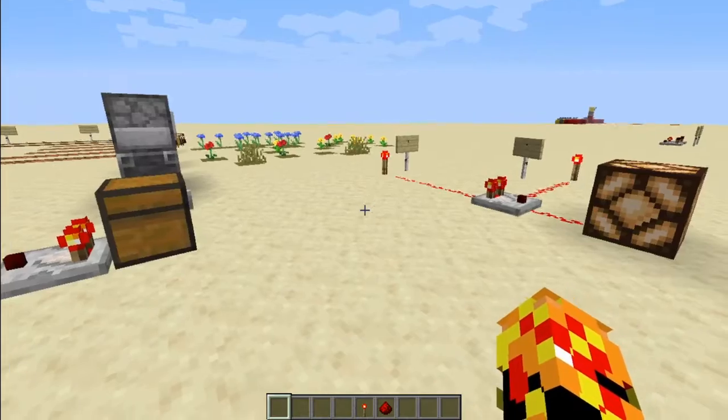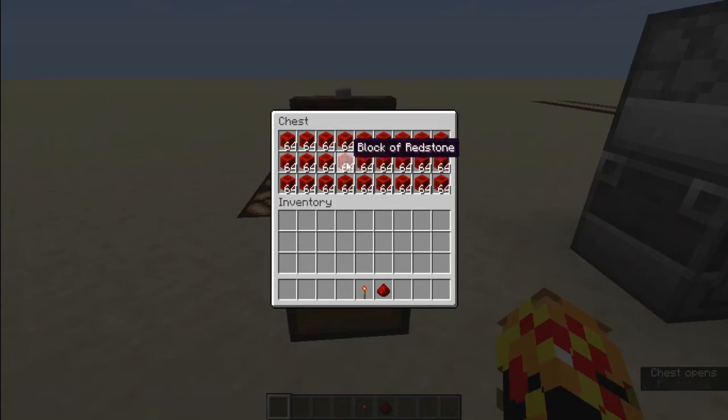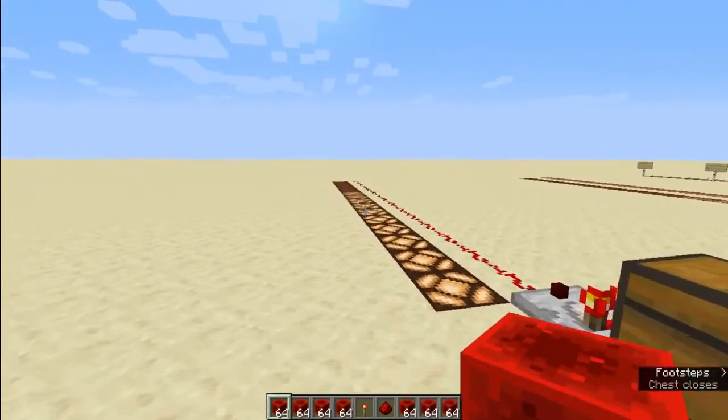Here is another example, a chest. If all the slots of a chest are filled with stacks of blocks, then the maximum output will be 15. But as the stacks are removed, the signal strength will also decrease.